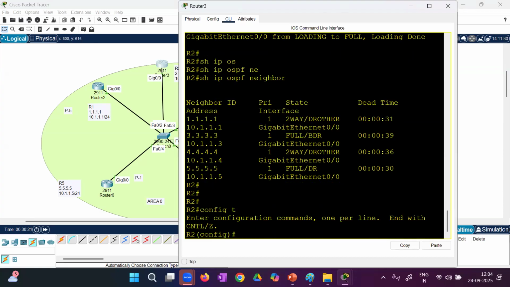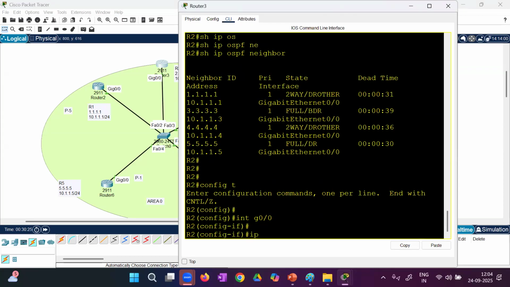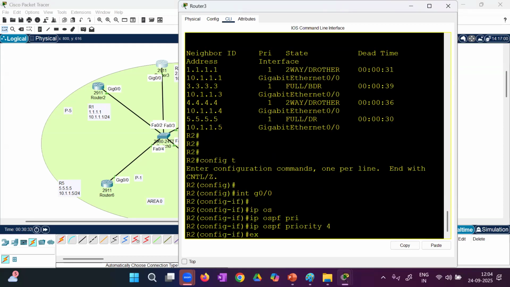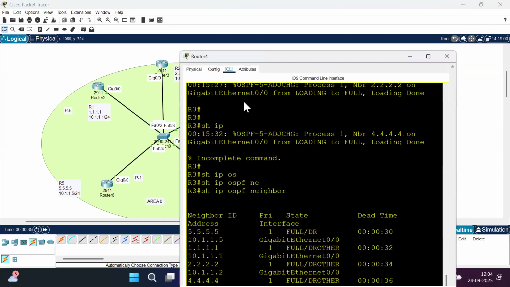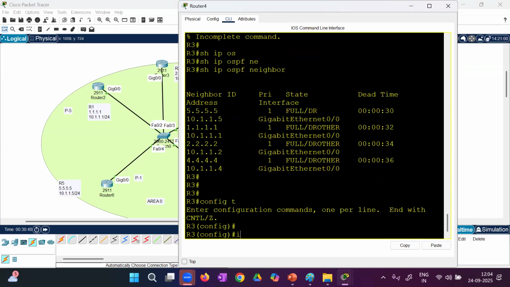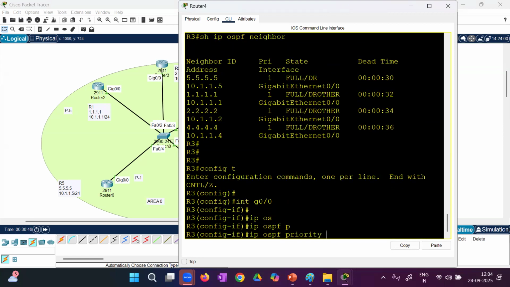Come to router second. Config t. Interface G0/0. ip ospf priority 4. Give exit. Now come to router 3. Config t. Interface G0/0. ip ospf priority 3.